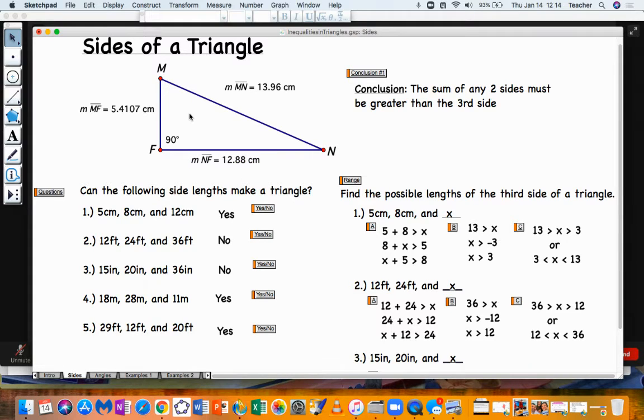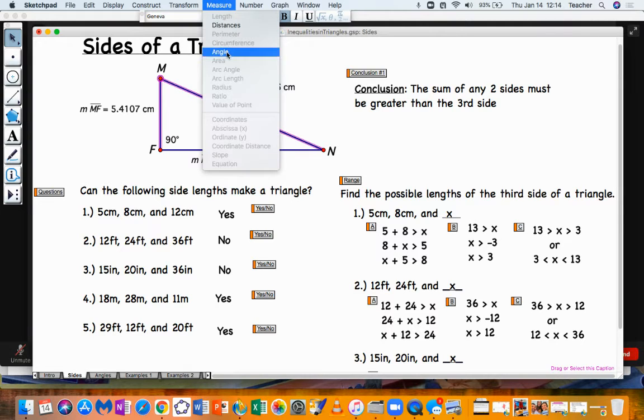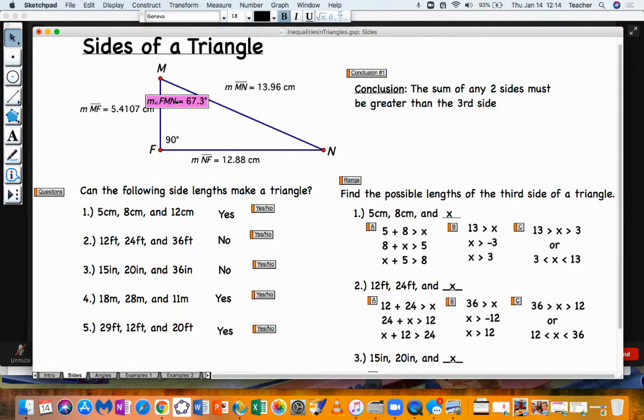All right, so based on that, let's go greatest to least angle. So my greatest is 90. I know that. But what is M? M in this case would be 67.3, and N in this case would be 22.8. Okay.